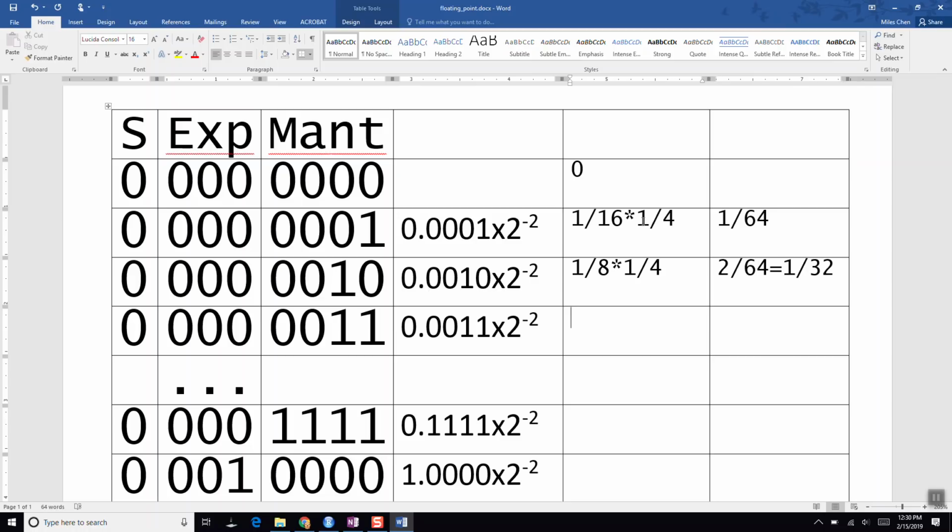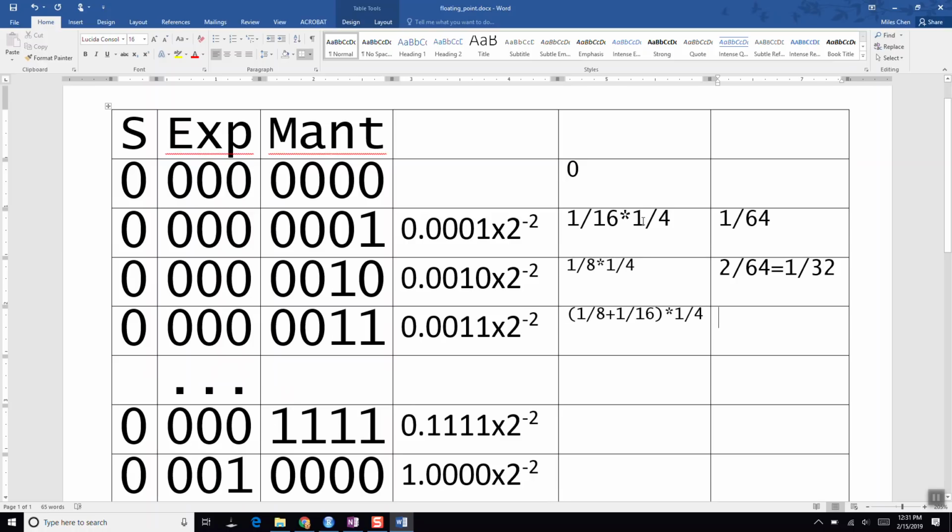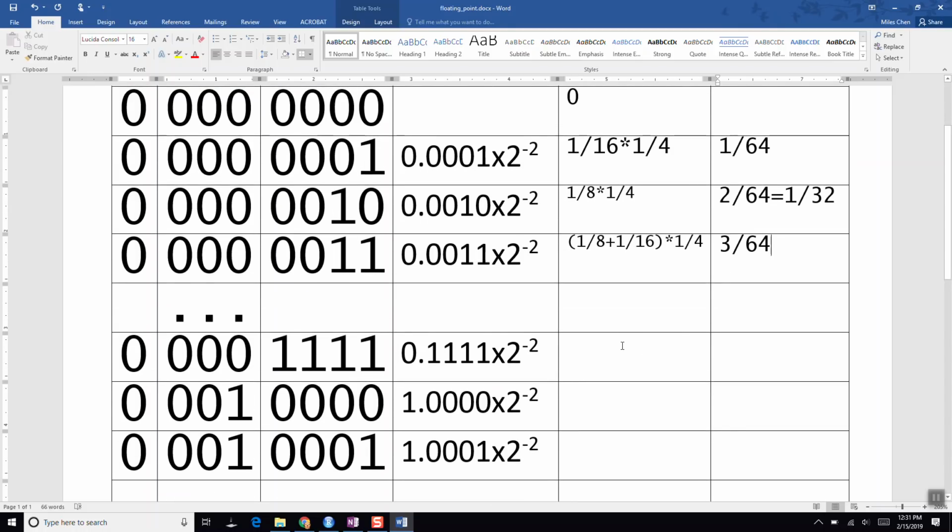Okay, and then over here I have 1/8 plus 1/16 quantity times 1/4. That's not what I wanted. So here I got 1/8 and 1/16 times 1/4, and so that will give me basically 3/64. Okay. So on and so forth.